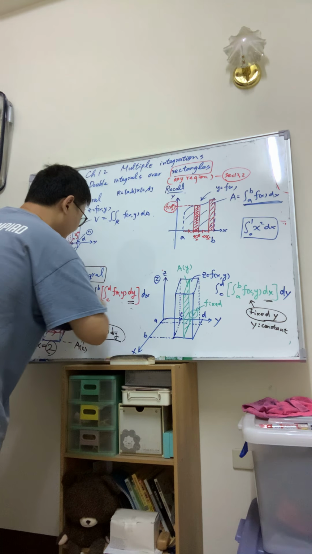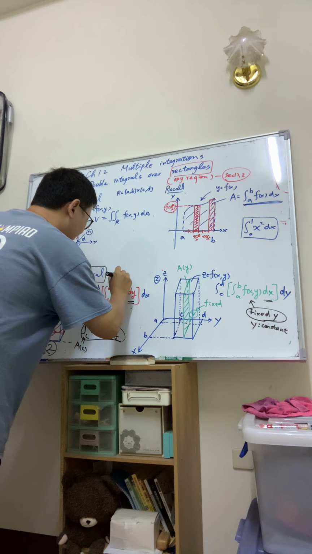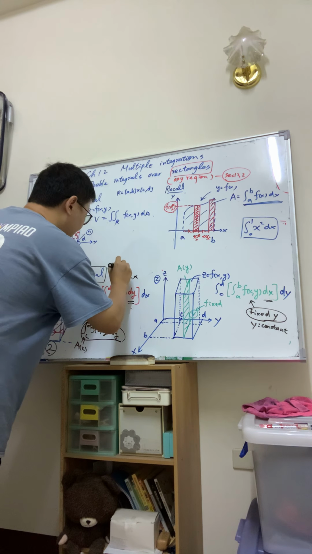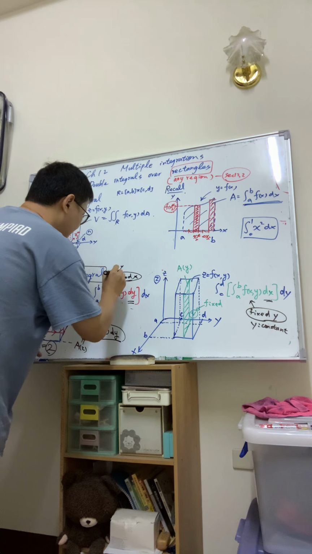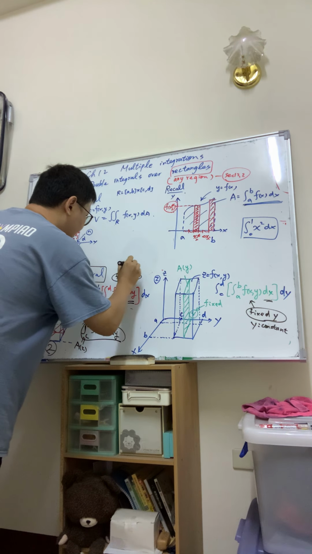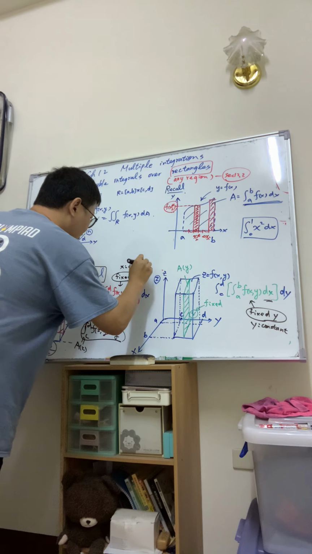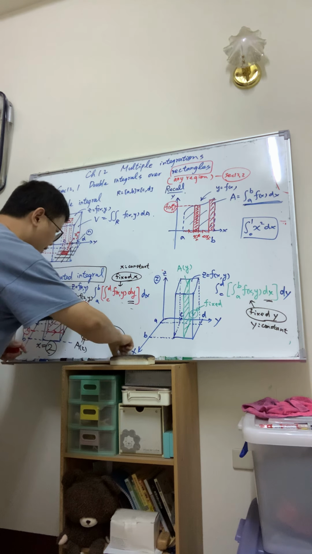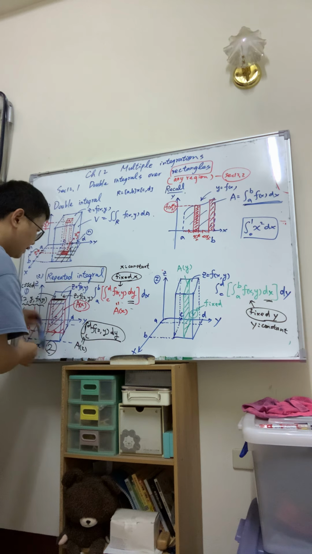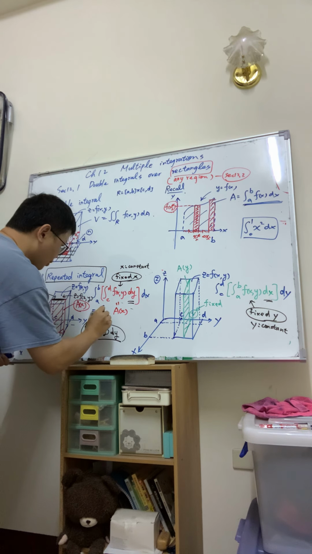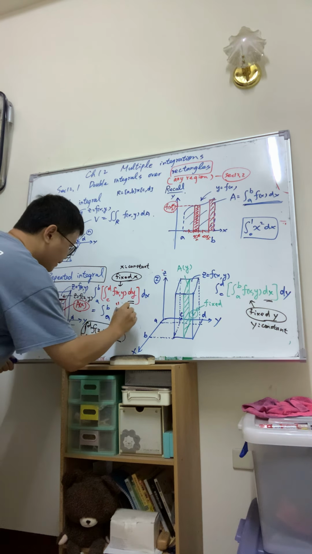Sorry, here is fixed x. So you could view it with fixed x, so x is constant, and for this part you could view it this way. It's A of x. So here is equal to the integral from a to b of A of x dx. This one.